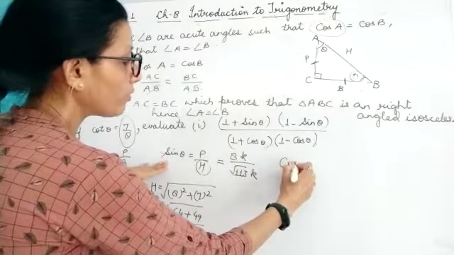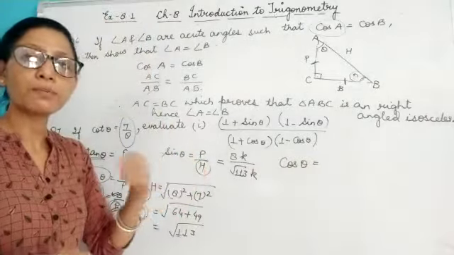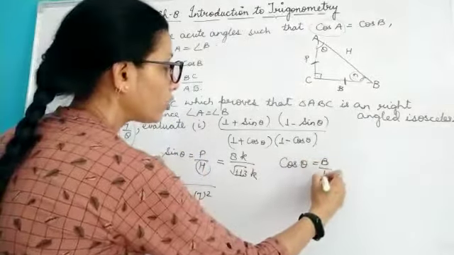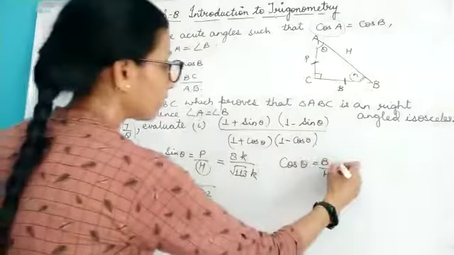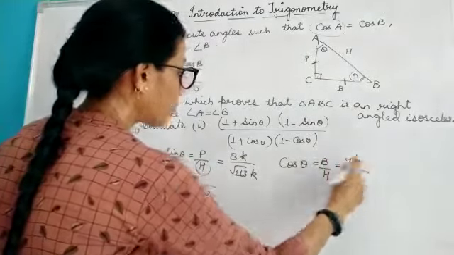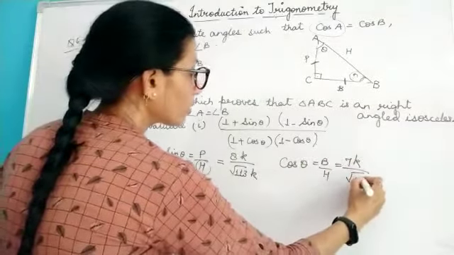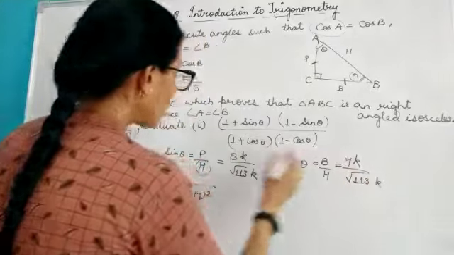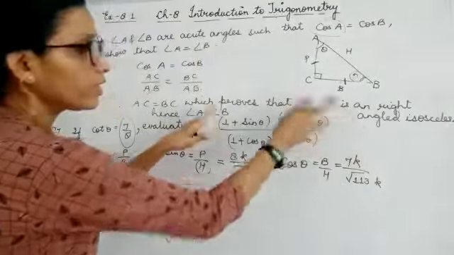Let's find out the value of cos theta. Cos theta is base upon hypotenuse, and you know the value of base. Base is your 7k and your hypotenuse, just now you have calculated, is root 113k. Now you have to just put these values in the given question.